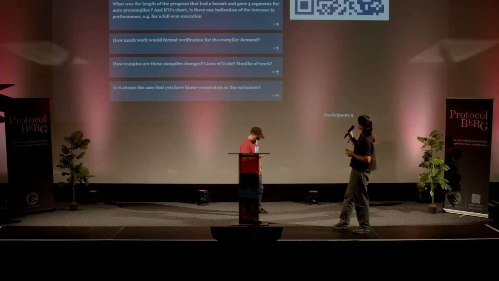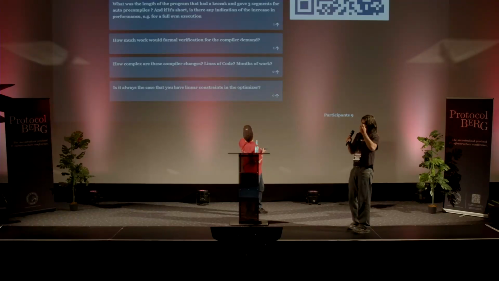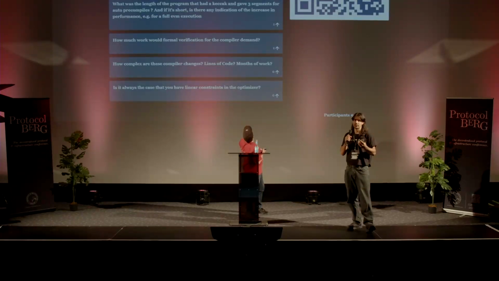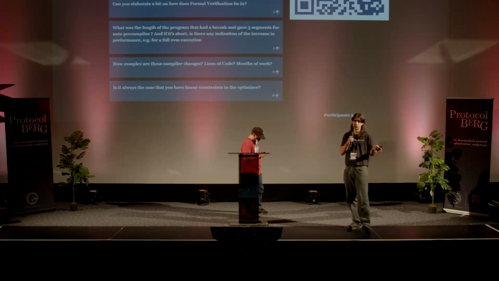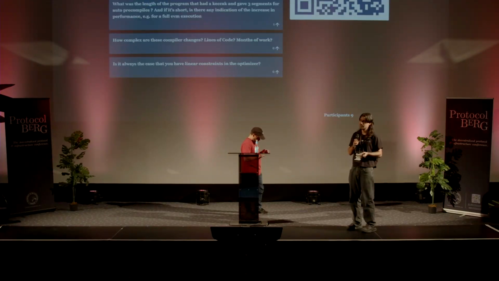How does formal verification tie in? The single goal is that you don't want the generated auto precompile to be buggy. And to ensure that, there are different ways that provide more or less assurance. If you formally verify the generation itself, that's one thing.